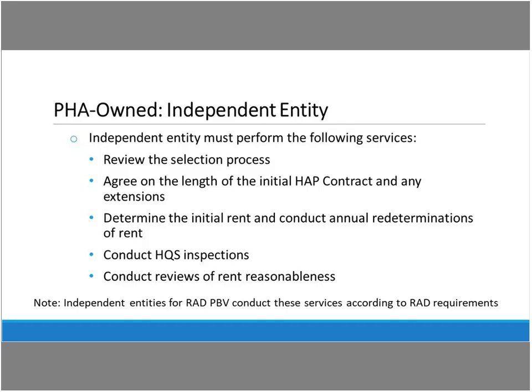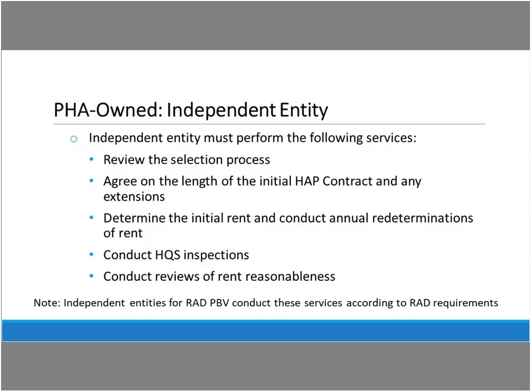So the specific activities that you need to seek an independent entity to assist with are the review of the selection process, to make sure that it was fair and open; review of the HAP contract, to make sure it's a fair and reasonable contract; to determine that the initial rent and to conduct the annual rent redeterminations is reasonable; HQS inspections; and the review of the rent reasonableness.